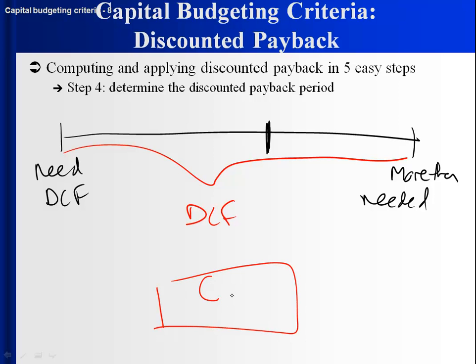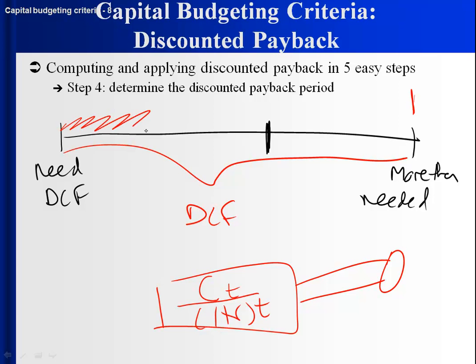So what do we expect during that year? All over 1 plus r to the t. So even though we're dealing with a year, which is a period of time, we're going to discount it from this point here. And that's our discounted cash flow, and that's what goes into the machine. And then the machine spits it out evenly, and we want to know how far into the year it is until we get the amount that we need. And once we have enough to achieve payback, that's where discounted payback occurs.